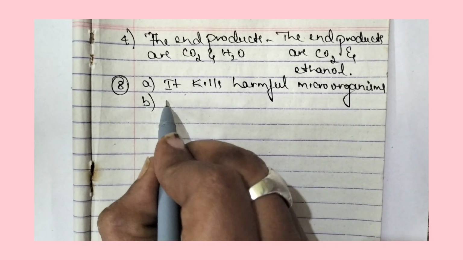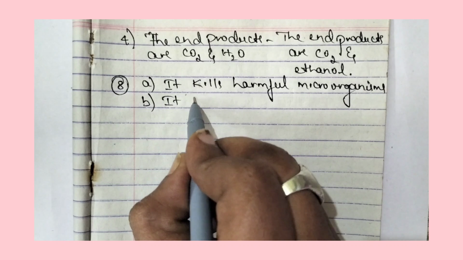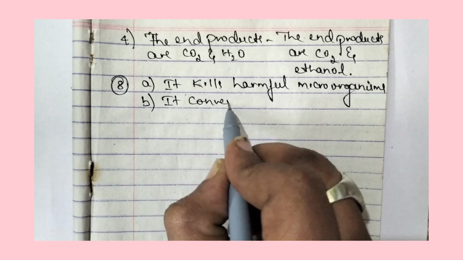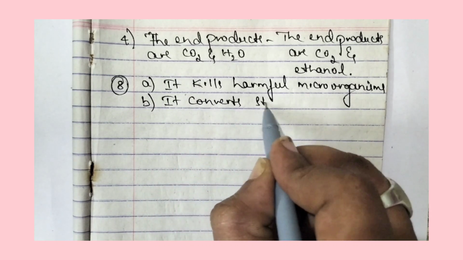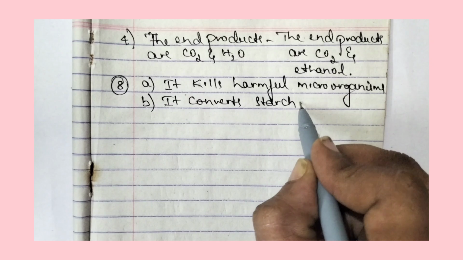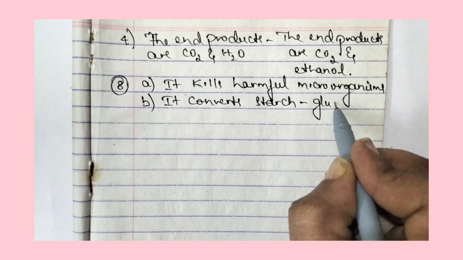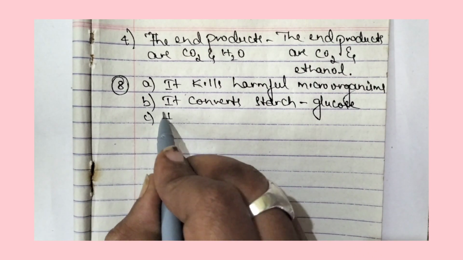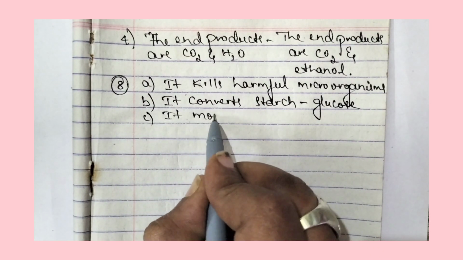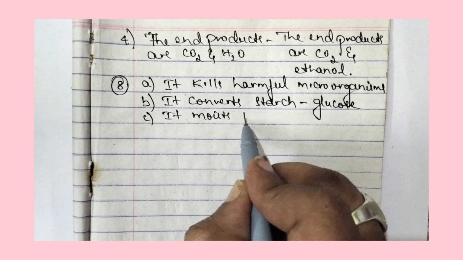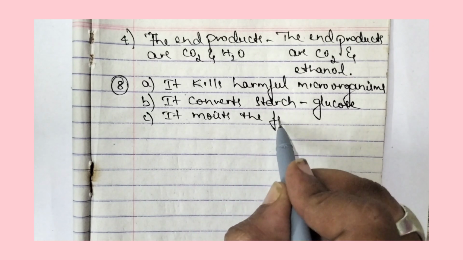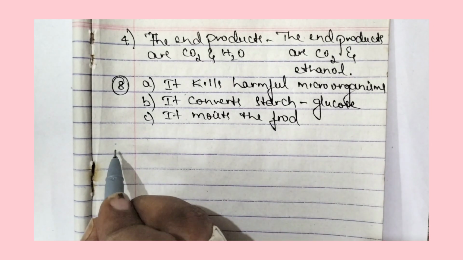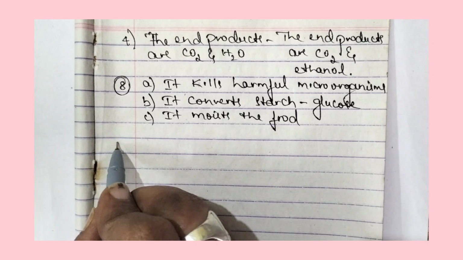Second point, it converts starch into glucose. Then the third one, it moistens the food. So these are the functions of salivary amylase.